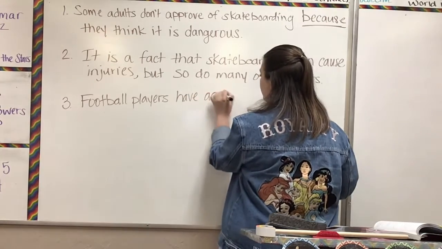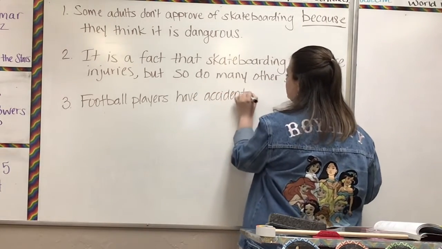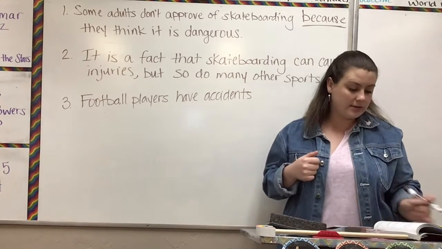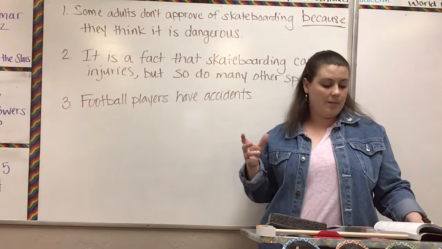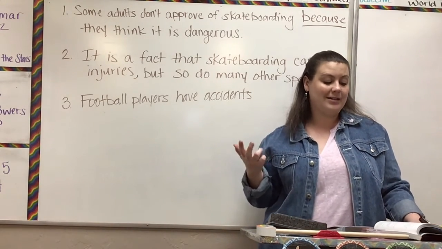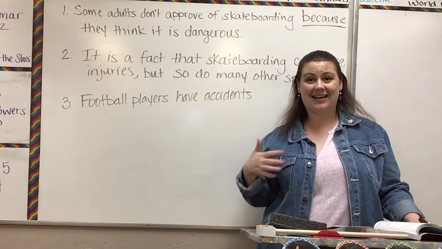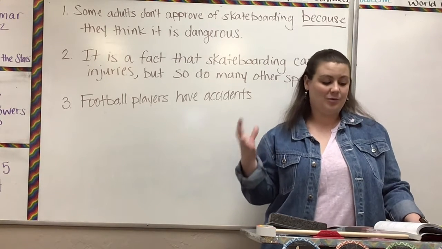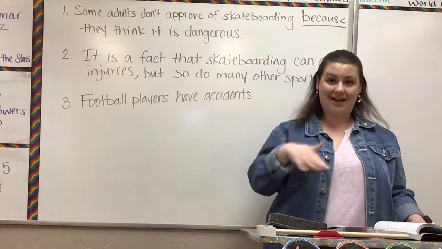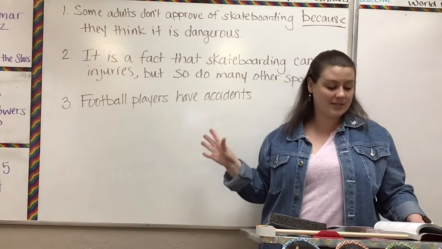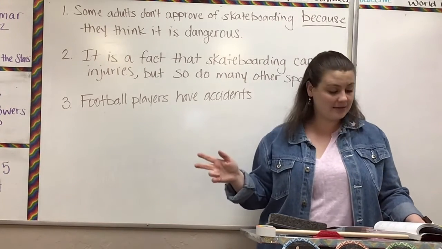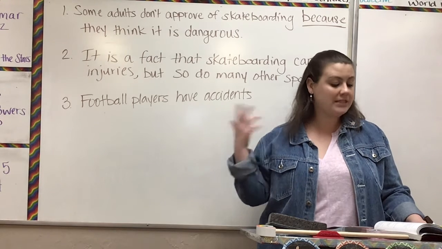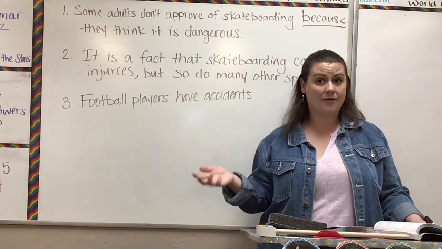Because at first, this sentence had it so that the verb was had, but the subject was accidents. Accidents aren't what's doing the had. It's football players having the accidents. Okay, so football players have accidents just like skateboarders have them too.